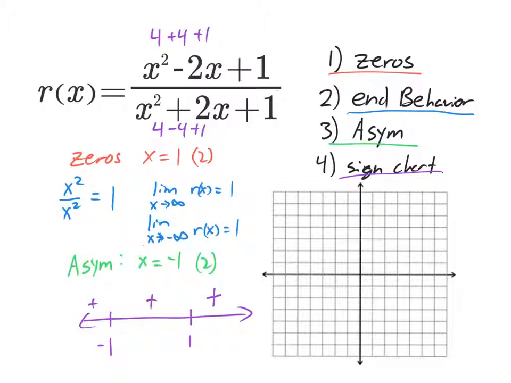Now that I have all this information, I'm going to plot my zeros. So my 0 is going to be at 1. So there's going to be 0 right there. And then I'm going to have my asymptote, which is going to be negative 1. And then I have a horizontal asymptote at 1.